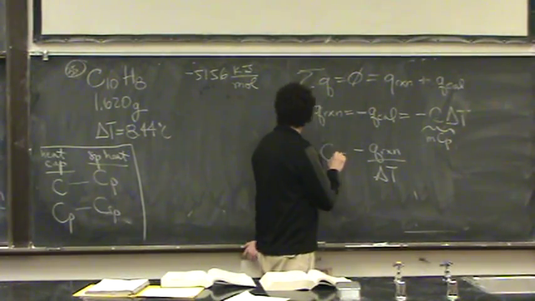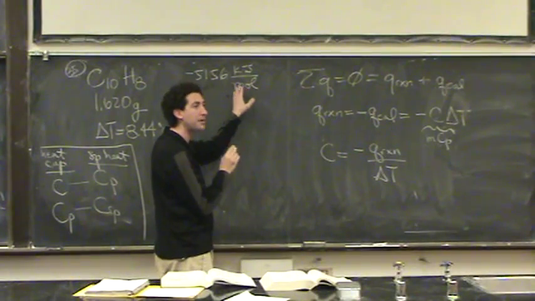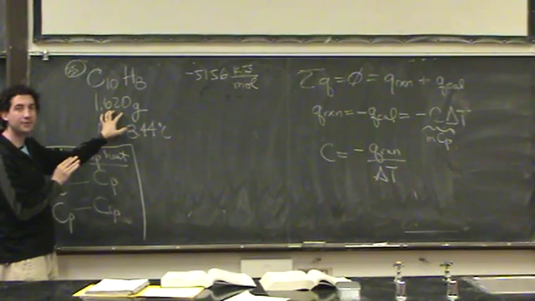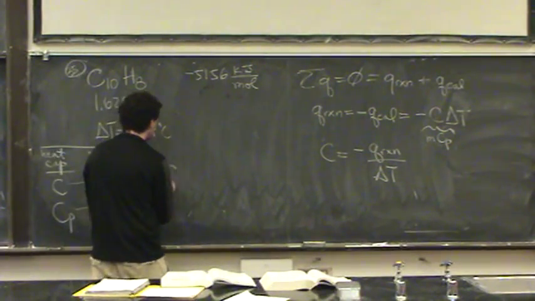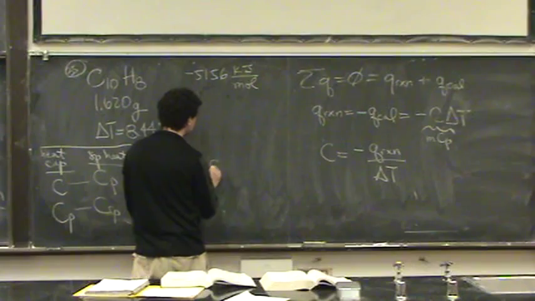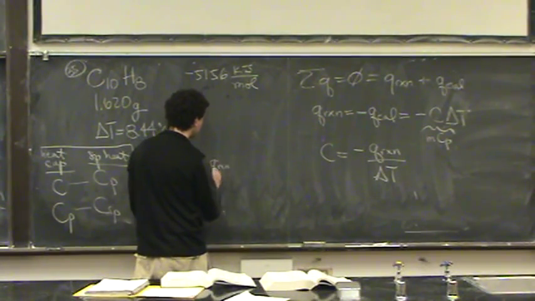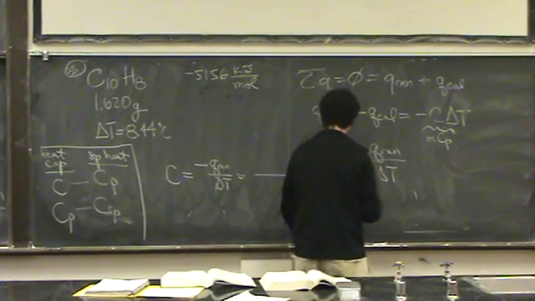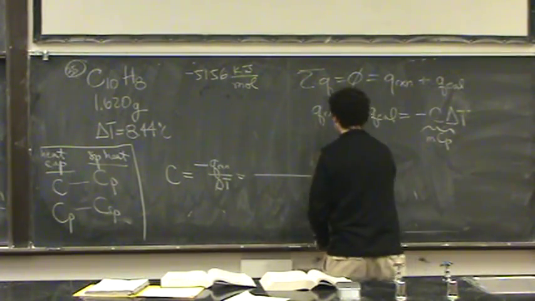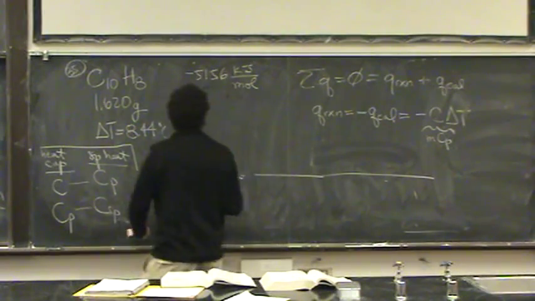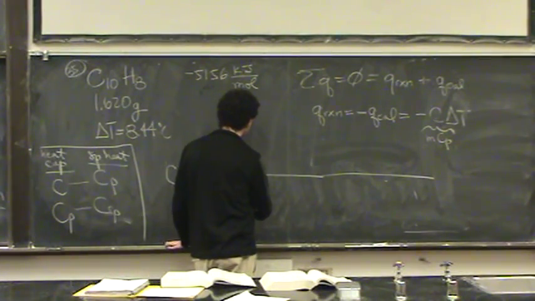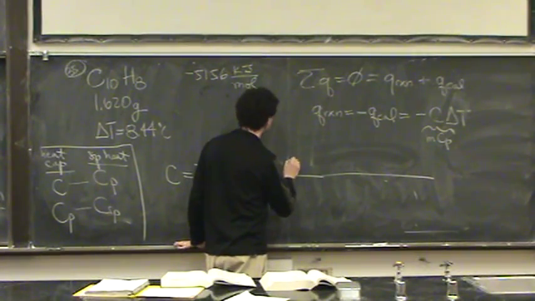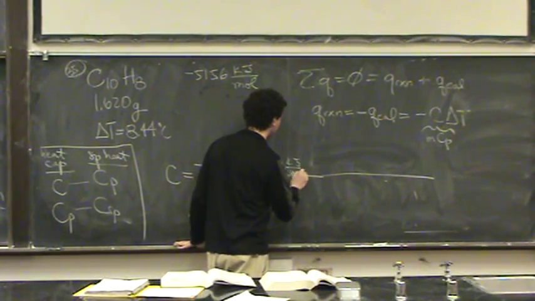Q reaction. We have to do a couple things. This is per mole, but I'm not doing this per mole, I'm doing it per gram. So I've got to convert to the correct grams. So C is minus Q reaction over delta T, which is minus Q reaction, 5156 kilojoules per mole.